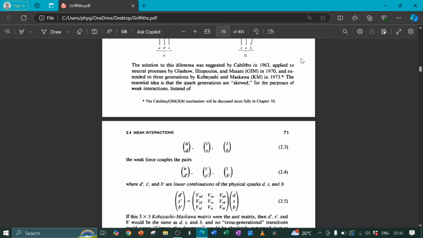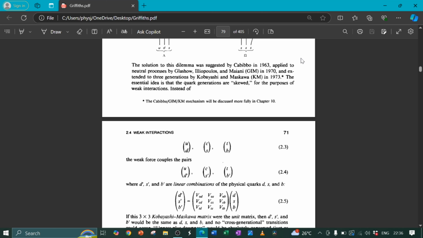The solution to this dilemma was suggested by Cabibbo in 1963, applied to neutral processes by Glashow, Iliopoulos and Maiani (GIM) in 1970 and extended to three generations by Kobayashi and Maskawa (KM) in 1973. The Cabibbo-GIM-KM mechanism will be discussed more fully in chapter 10.